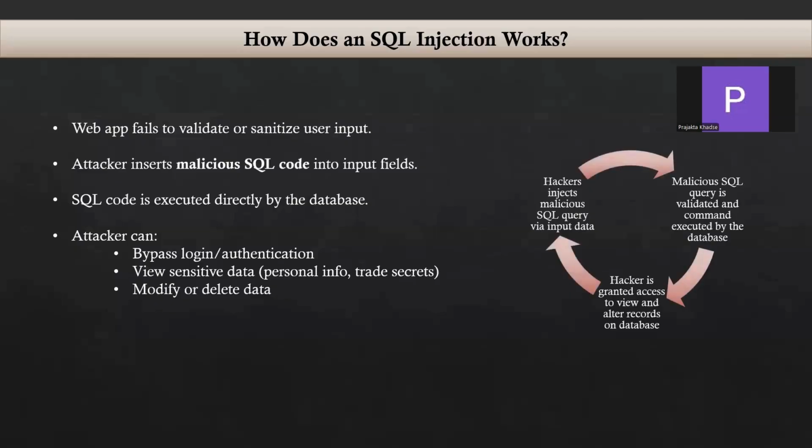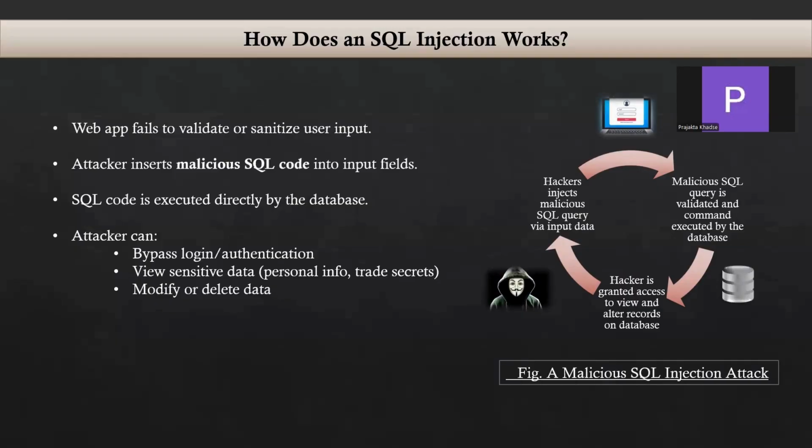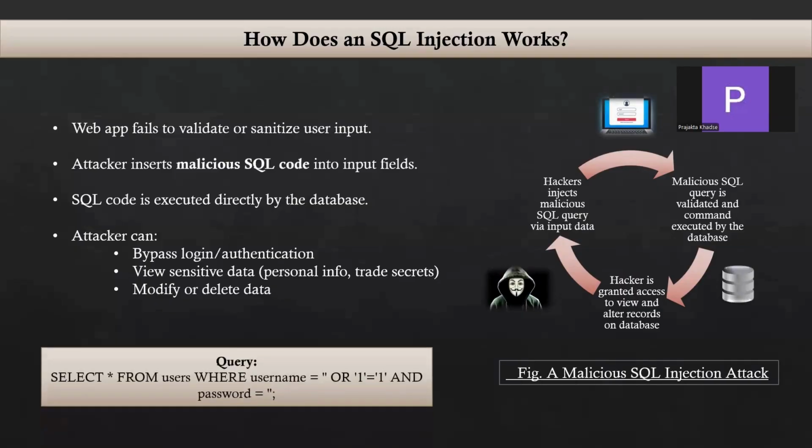Here is the workflow of a SQL injection attack. The hacker injects a malicious SQL query via input data. The malicious SQL query is validated and the command executed by the database.